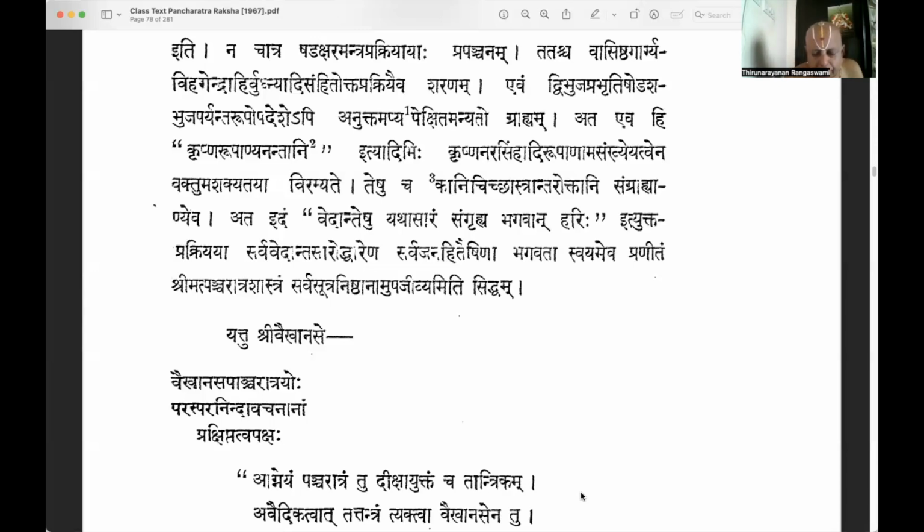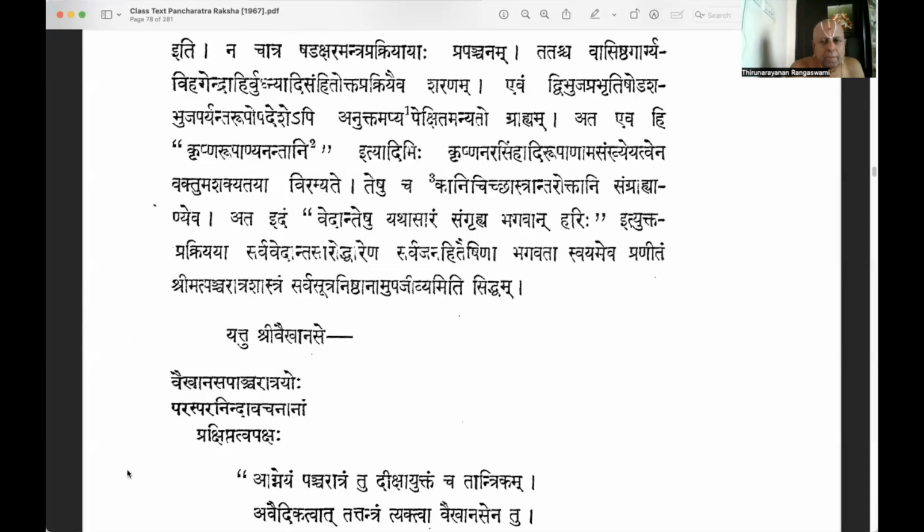Prakriya eva sharanam. Practical procedure is only the shelter. So we are not attaching importance to the spell of some syllables or many syllables, but that has to be learned from the preceptor directly in person, and therefore Pancaratra Raksa does not advise us about the spells.